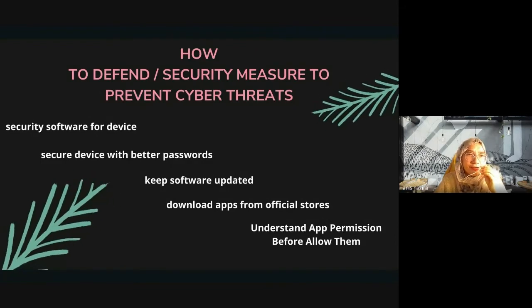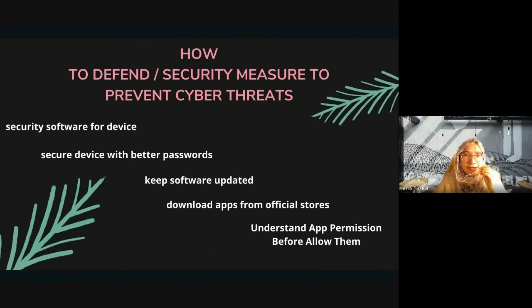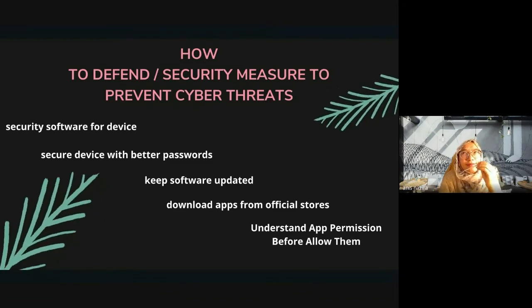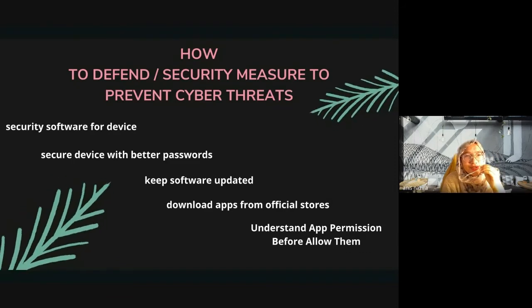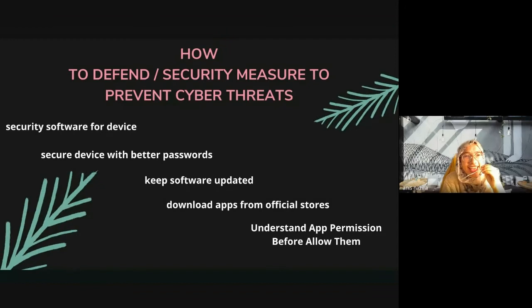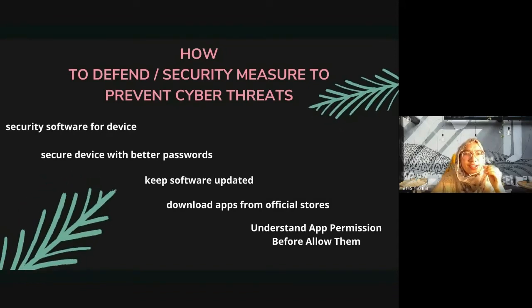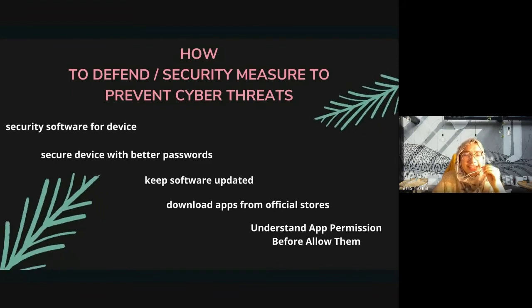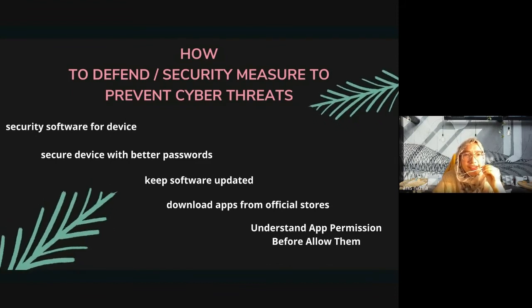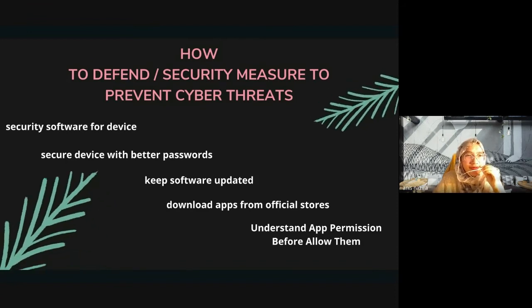The next one is to secure your device with a better password. This can reduce the risk of being easily hacked. Although it's just the first layer of security, it still helps. So it's not wrong to have a password on your phone.